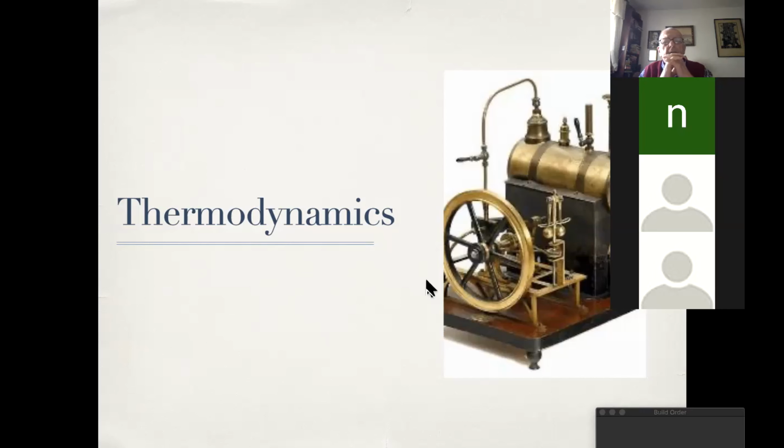And there is a story about who built the first steam engine. As always, there are stories that the ancient Greeks had something which looks like it, called Heron's mill and things like this.